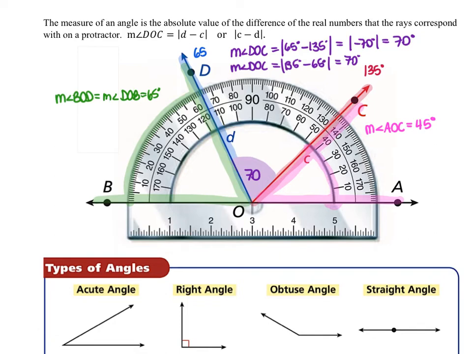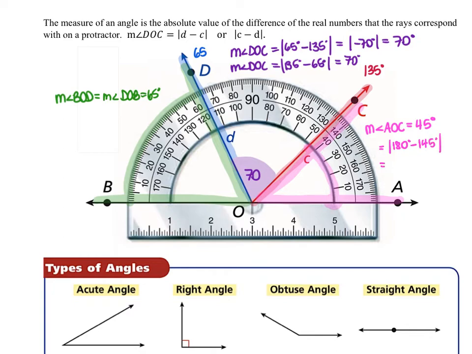Now, if we wanted to use the outer row of numbers, that's fine. We just have to do it slightly differently, the way that we showed in the original example with the measure of angle DOC. We would say the measure of angle AOC would be equal to the absolute value of 180 degrees minus 145 degrees, sorry, that's where it hits.